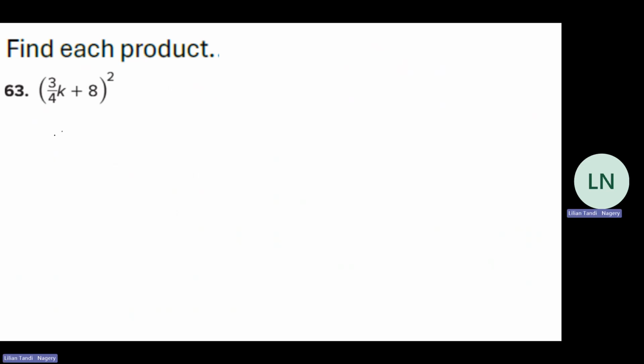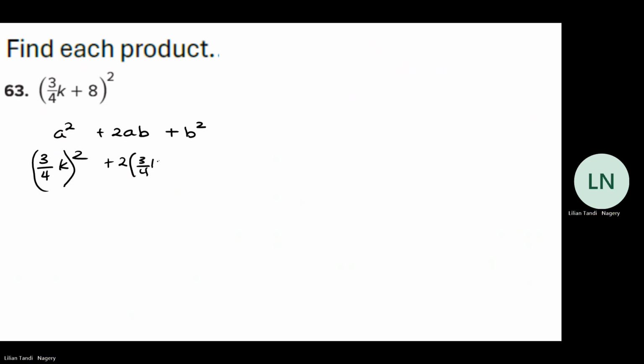Same thing here. We're going to use Kanun: a squared plus 2ab plus b squared. A squared is 3/4 k squared, plus 2 times 3/4k multiplied by 8, and here plus 8 squared. This becomes 9/16k squared. Okay?